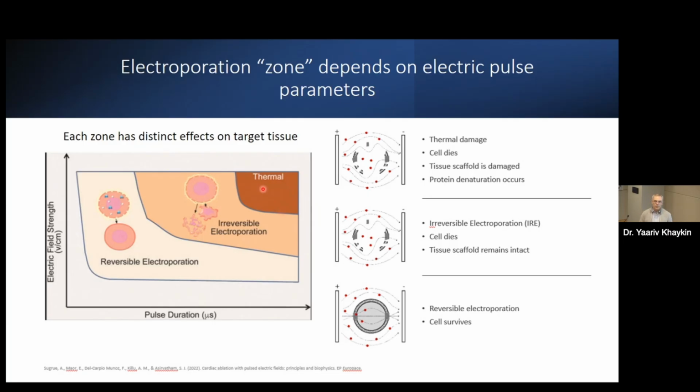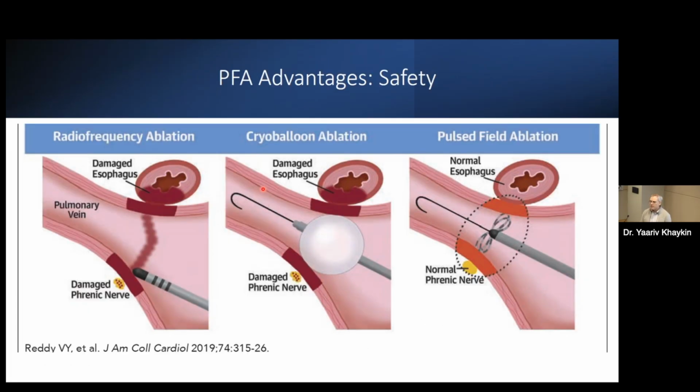Currently, this type of approach is used in oncology and in cardiology, with the idea that the energy that we deliver only affects the cardiac myocytes that we're trying to target and kill, and doesn't affect any innocent bystanders: blood vessels, nerve tissue, esophageal tissue, etc. And the companies that develop these technologies have been able to achieve it.